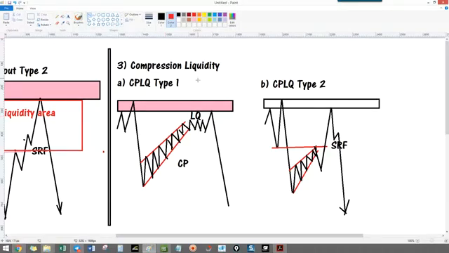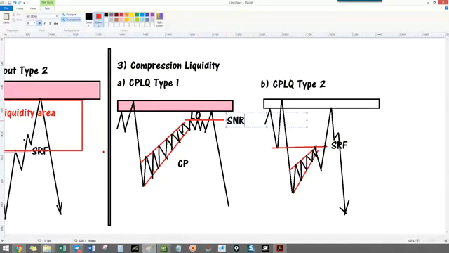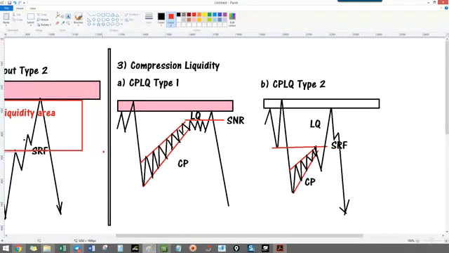And over here is the resistance by SNR. Okay, this is LQ. This is CP.